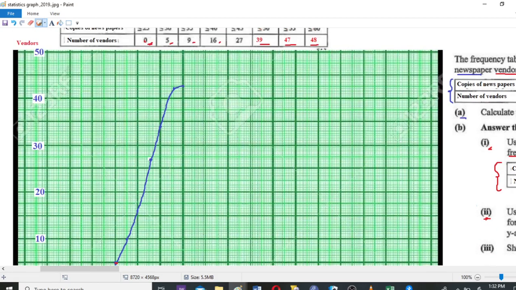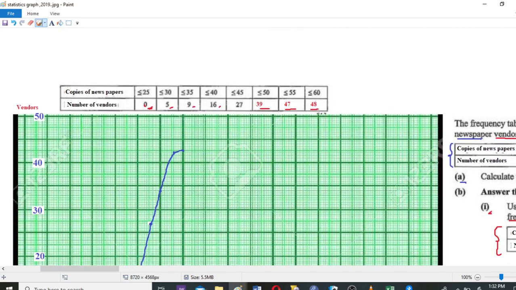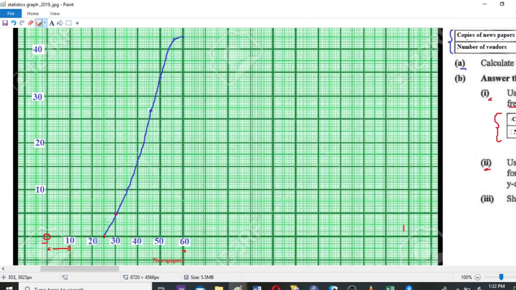And then we have 35, 9, and 40, 16. So this is 30, so 35 is right there. Okay, so we go up, that is 35 comma 9. So 9 is here. This is our 35 comma 9, right?